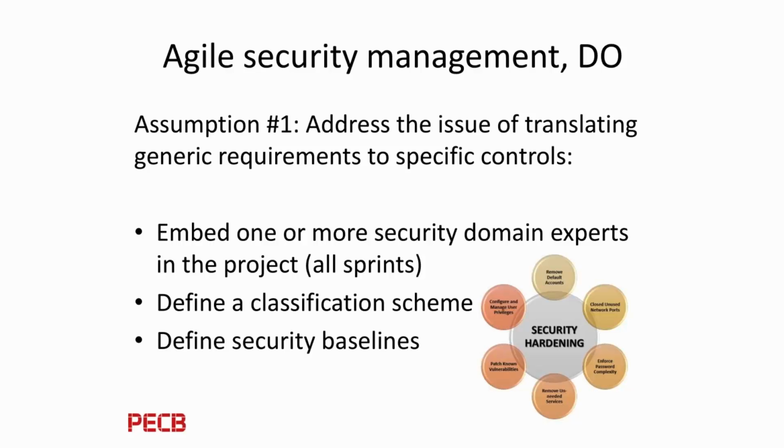And what we saw was that it would be very valuable to be able to give people some reference scheme, for example a classification scheme that helps to lead from security objectives to the measures to take.